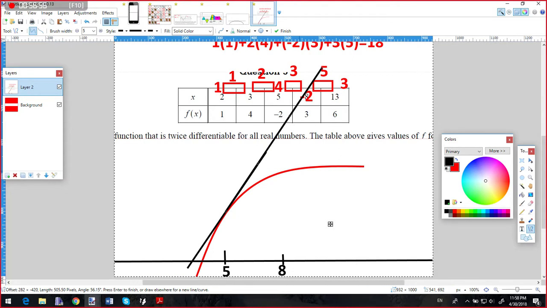Okay, and that only worked because we know that the function is concave down from 5 to 8. So if we can figure out what the y value is for the tangent line, that's the black line, when x is 8, then the value of the red function, the actual function, should be less than that.